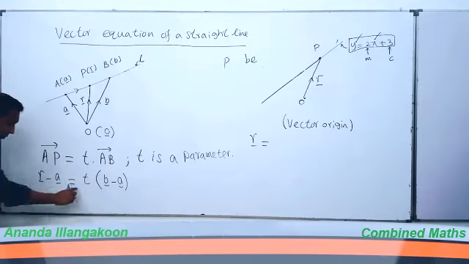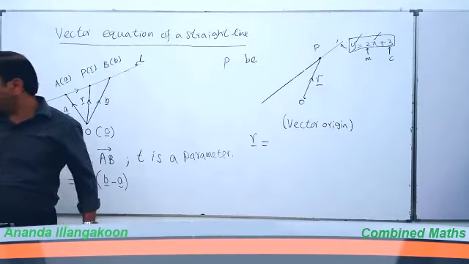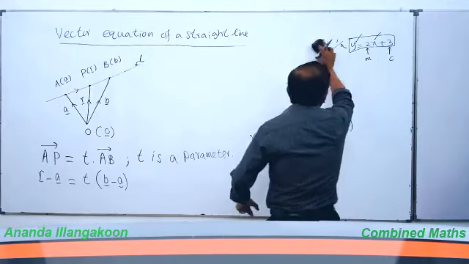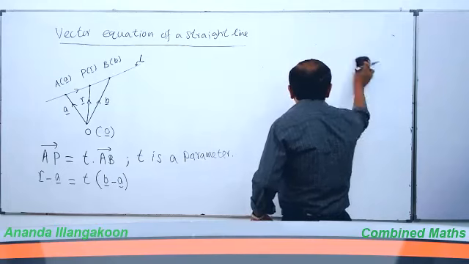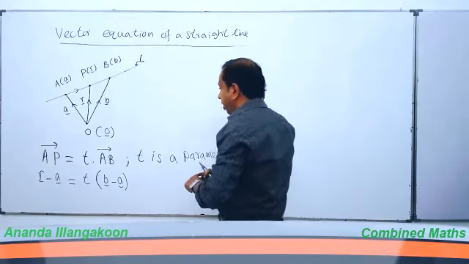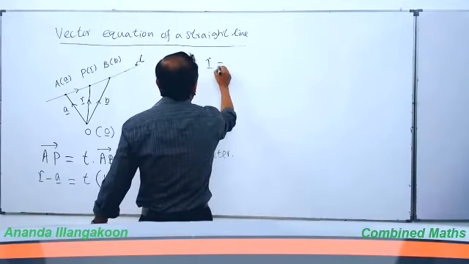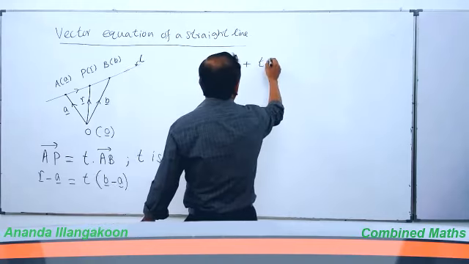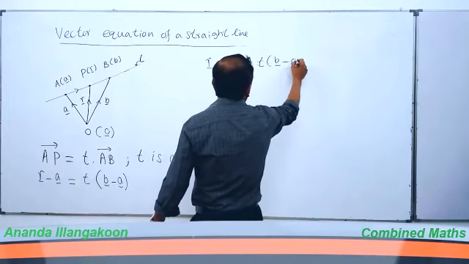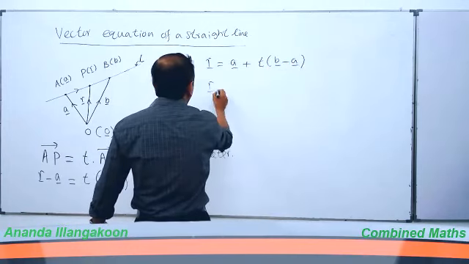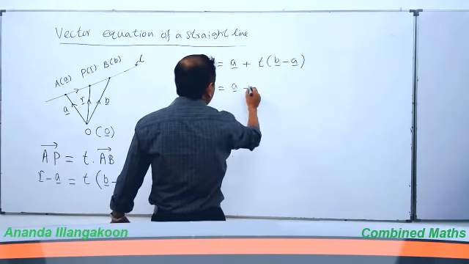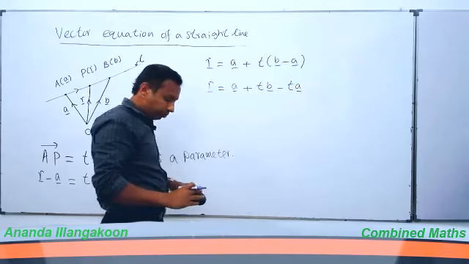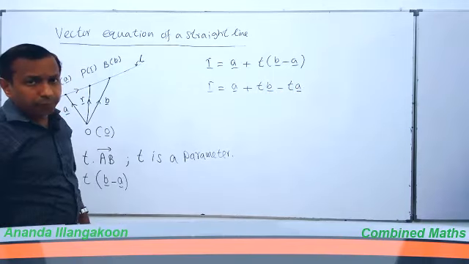Now bring this simple A vector to the right hand side. Once you take the simple A vector to the right hand side, we get plus A vector. Then what do you get? R is equal to A plus t times B minus A vector. Now, people, remove the bracket by multiplying this t: tB minus tA.